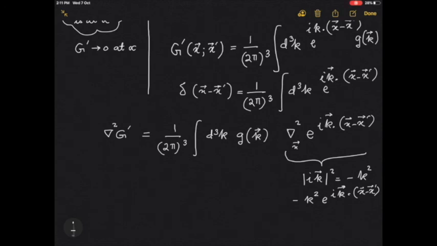If you write the left hand side and the right hand side, both of them will have the integral. So I can put everything together on one side.